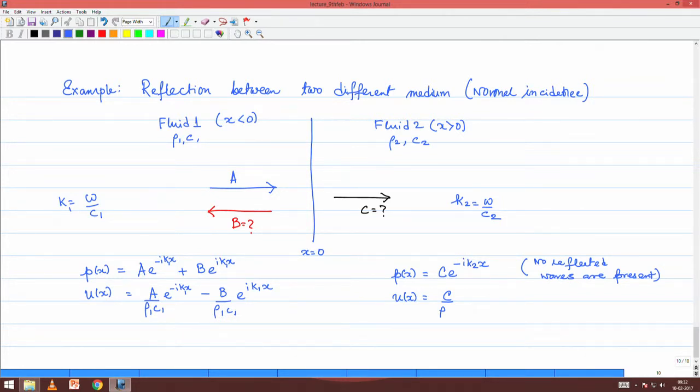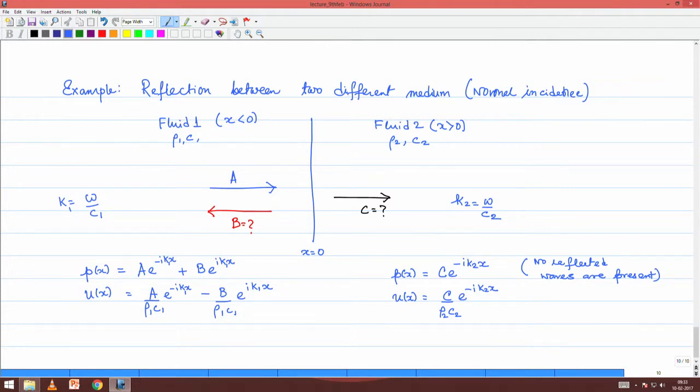Similarly, the density and sound speed in fluid 2 is rho 2 c 2, and capital C is the undetermined amplitude of the transmitted wave. So, that divided by rho 2 c 2 into e to the power minus i k 2 x is the velocity that we will obtain in the fluid 2 region, right.